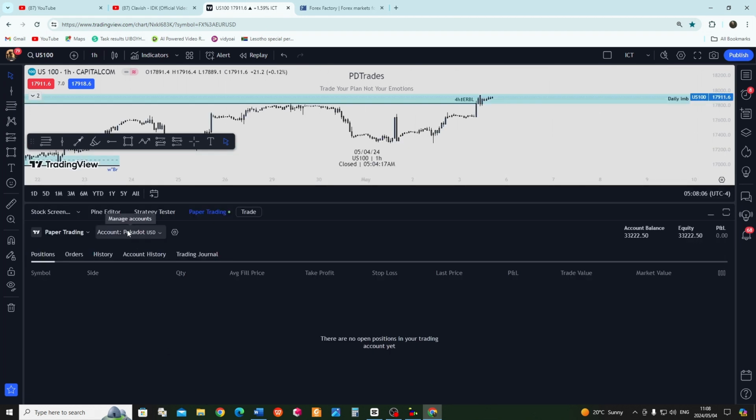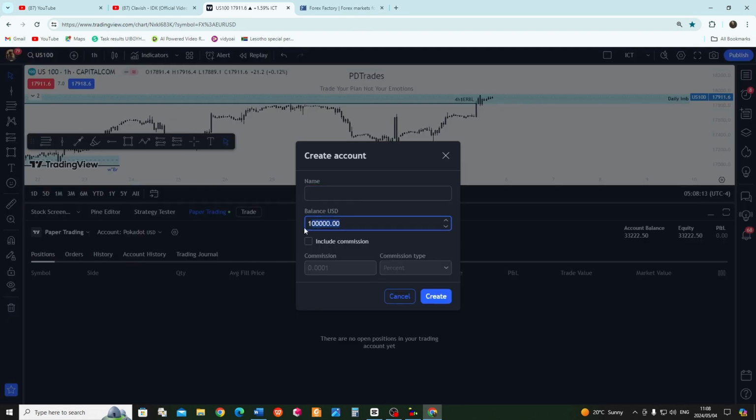For example, create an account. Let's say before I fund my account, I have a $100 account. I put $100, write my name here, and say the account will be $100.